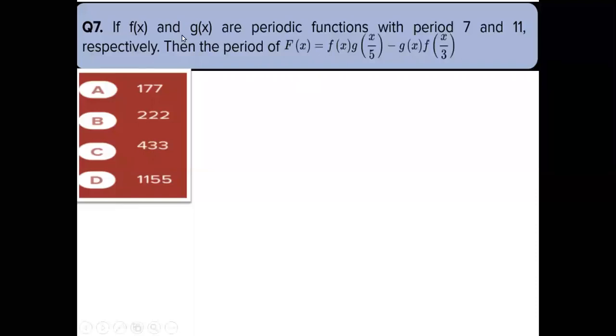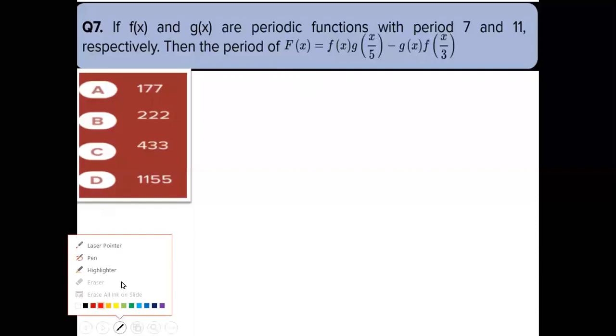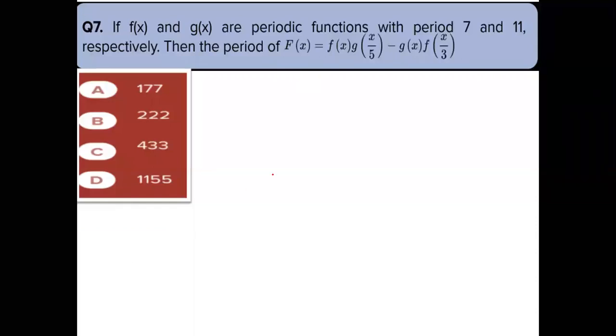So if f of x and g of x are two periodic functions, so what do you mean by periodic function? As I told you earlier in the previous class, now I think the screen is visible, right? Students, now the screen is visible, right?